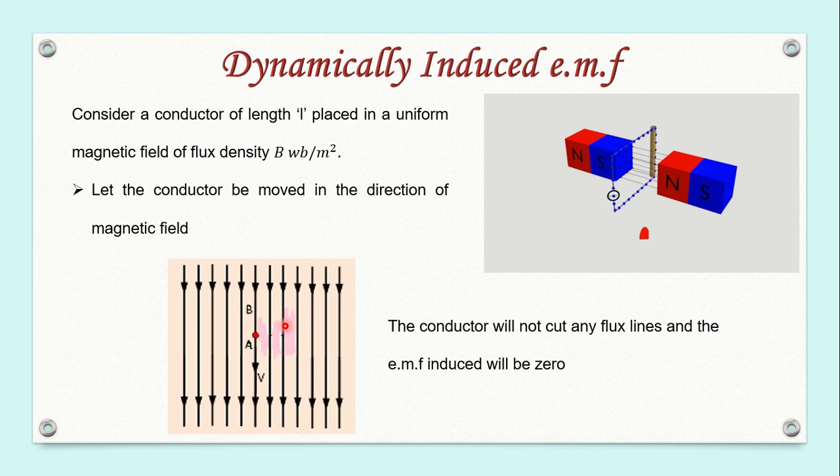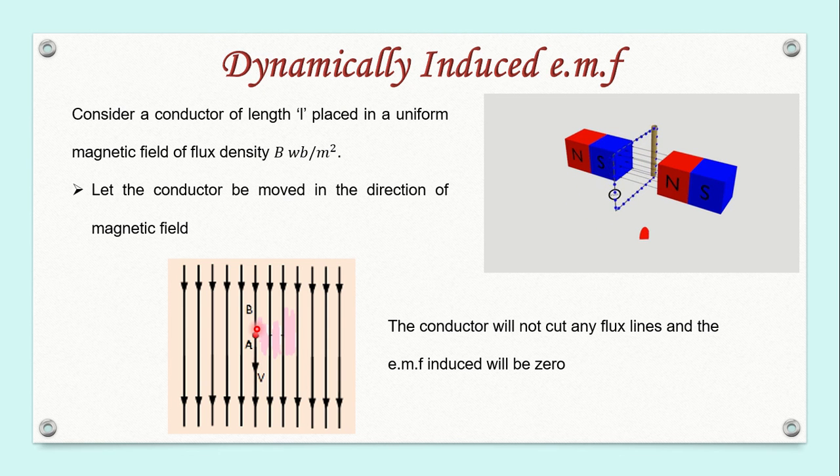Now, let initially the conductor be moved in the direction of the magnetic field. So initially the conductor is placed at this particular point, and suppose we are moving the conductor in the direction of the magnetic field, which is shown by its arrow mark, with a velocity v.